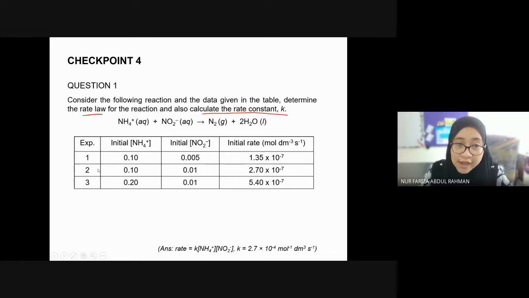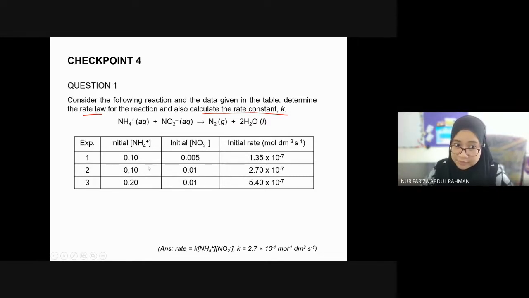You may use any of the data from the experiments given. Let's say you go for experiment 1, that means you have to use all the data from experiment 1. You cannot just simply mix up the data. Don't do that. If you choose to calculate using experiment 1, that means the concentration of NH4 plus should be from experiment 1, and NO2 minus also should be coming from experiment 1, and also the initial rate.